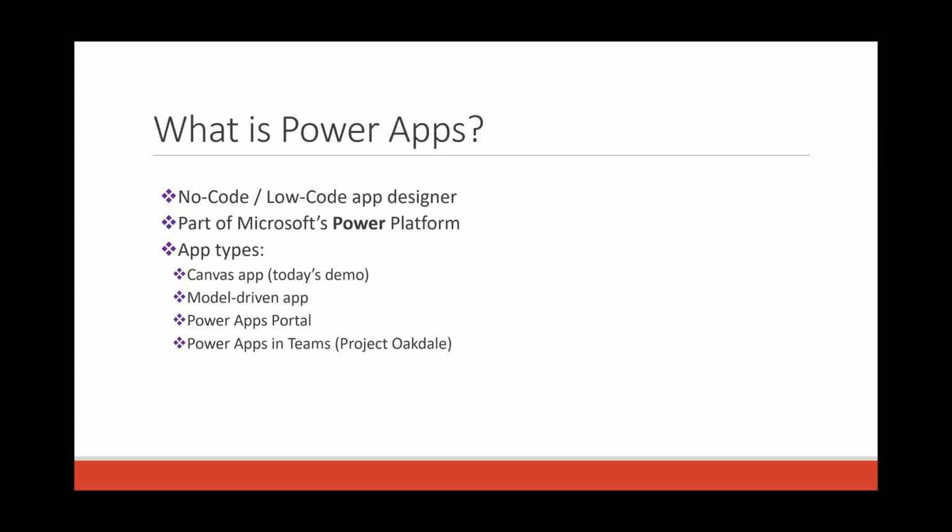The model-driven apps are typically based on the Common Data Service, and the point of those is you are modeling your business data: what the app requires coming in as an input, what it's going to produce as an output, and some sort of process that happens in between. It's a little bit like a box, I guess.